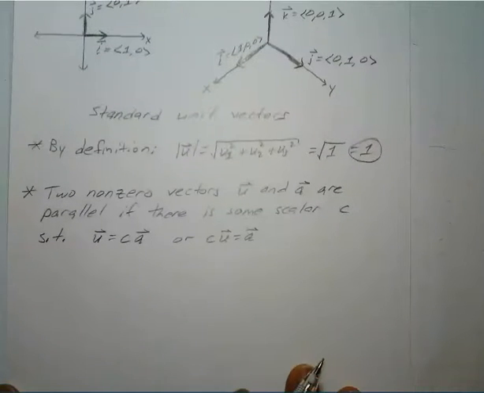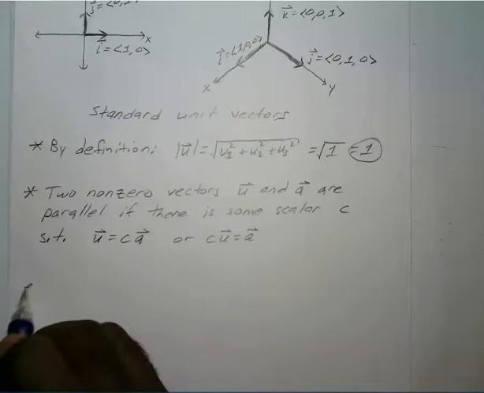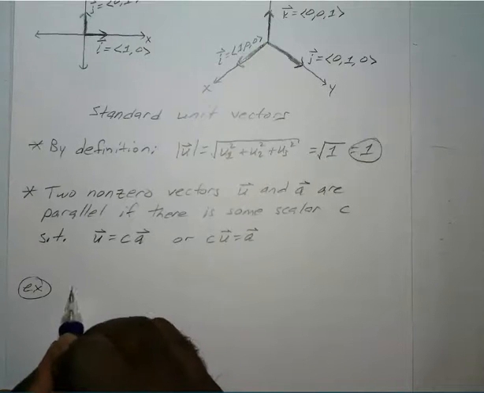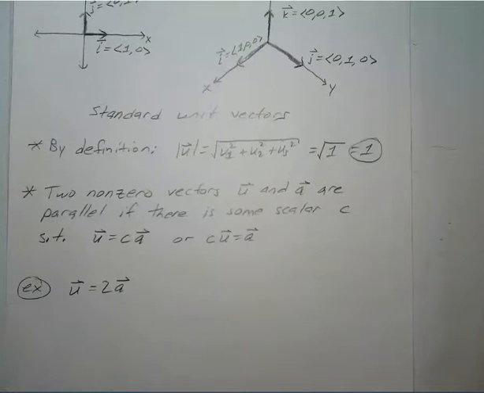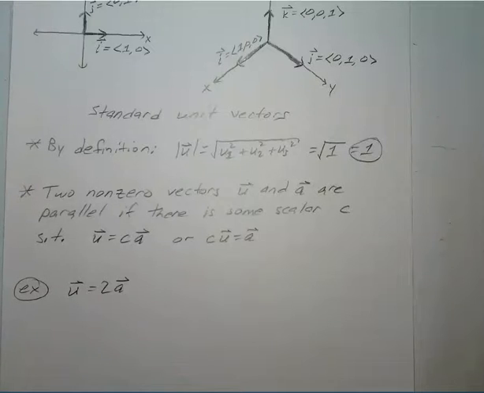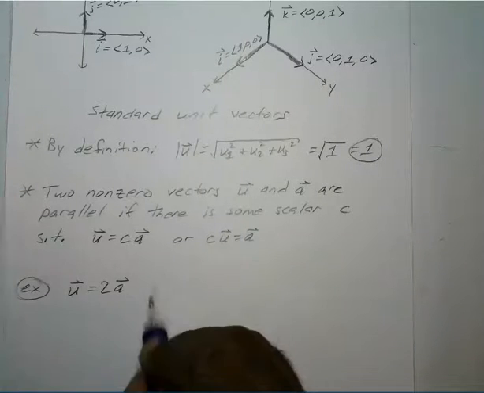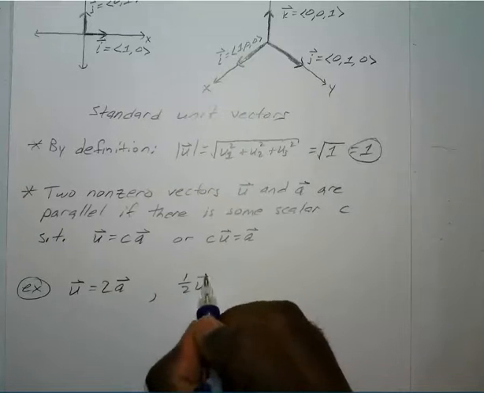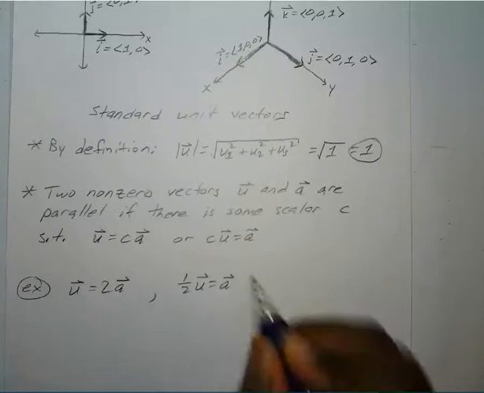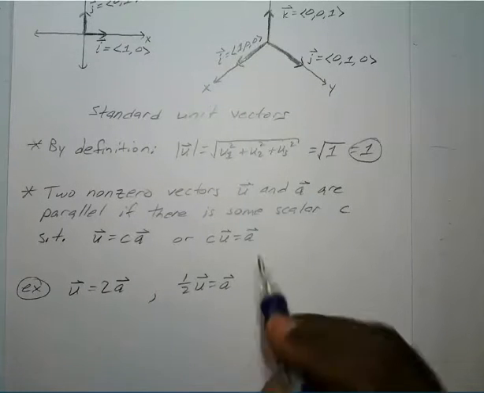Okay, so for example, u vector is equal to 2 times the a vector. U and a would be parallel. Or let's say 1/2 of the u vector is equal to the a vector, then u and a would be parallel.